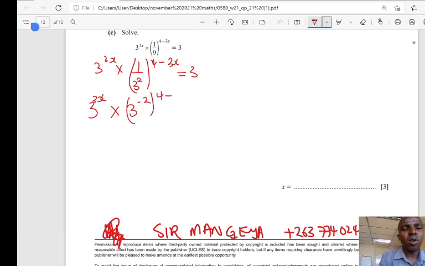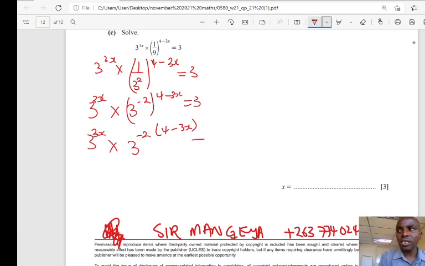Then 3 to the power 3x times, then a number with a power raised to another power, you maintain the number, you multiply the powers: negative 2 times 4 minus 3x, is equal to 3. Then on this side you are multiplying indices of the same base.